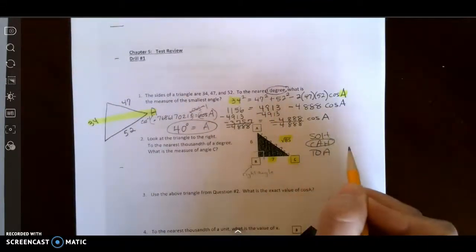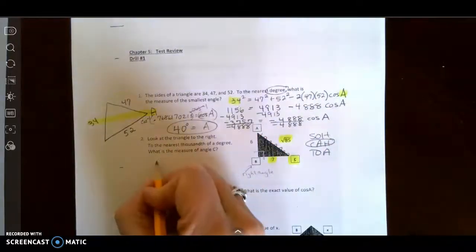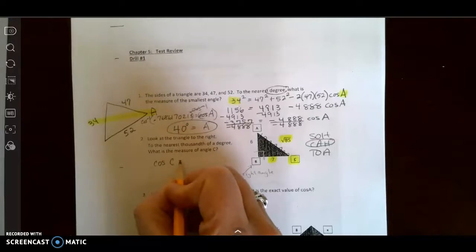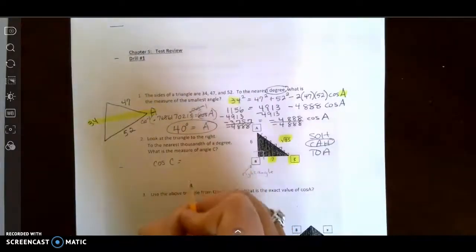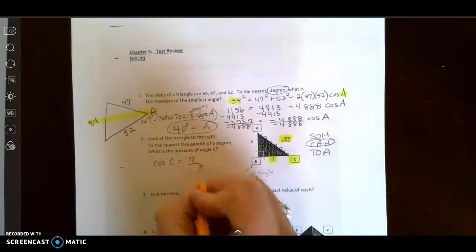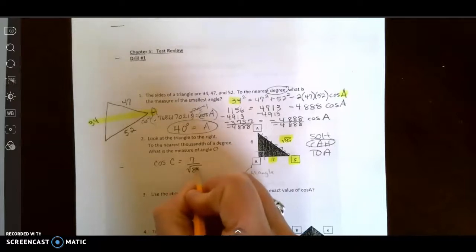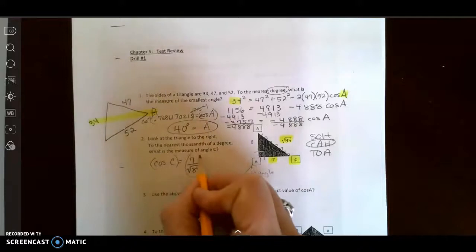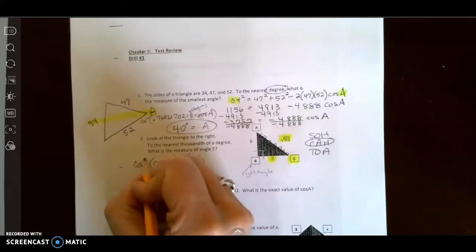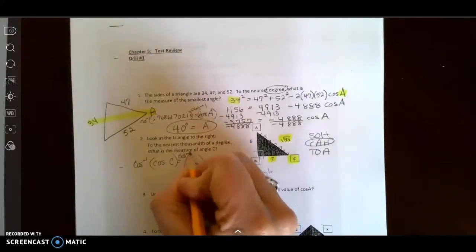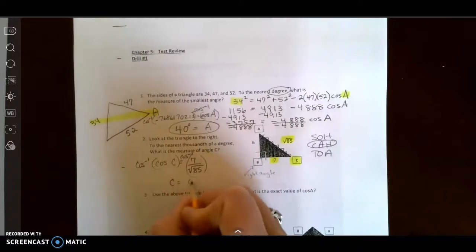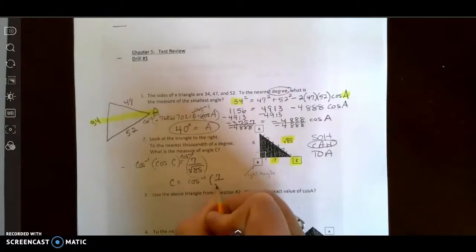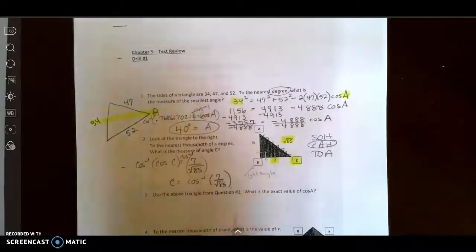Which is a cosine relationship. So cosine of angle C, that's the one I'm looking for, is equal to 7, the adjacent, over the hypotenuse, square root of 85. So to find C, take the inverse of each side, and C equals the inverse cosine of 7 divided by the square root of 85.